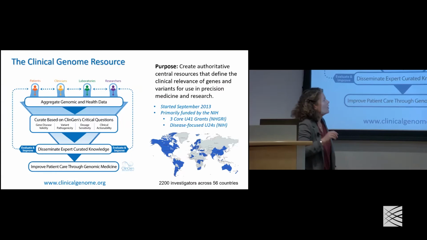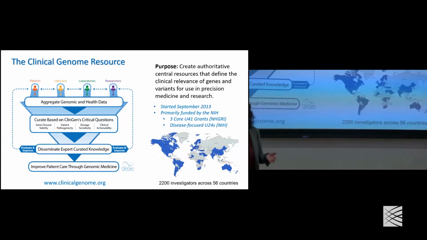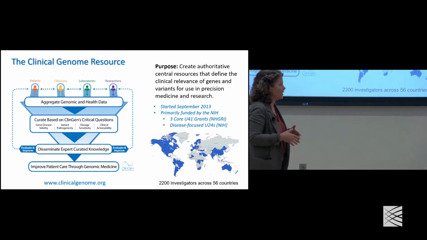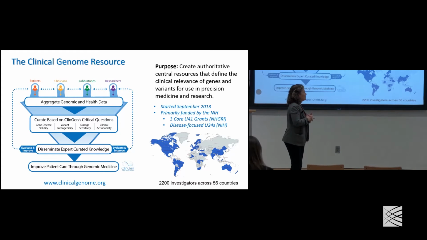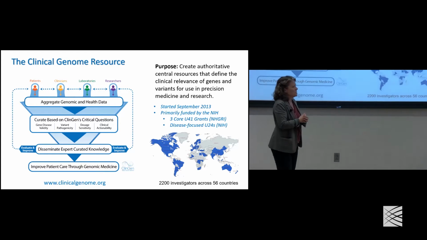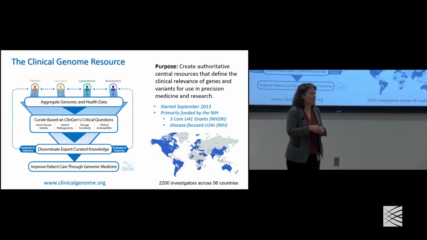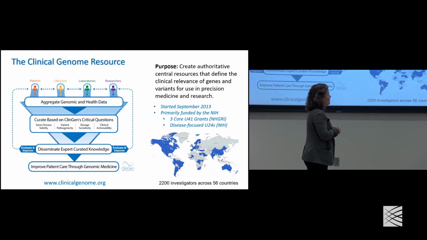Okay. All right. So some of the context of this topic that I'm going to talk about today around interpretation or classification of genes and variants is really housed in the context of a large NIH-funded program that I've been part of now for 10 years called the Clinical Genome Resource.